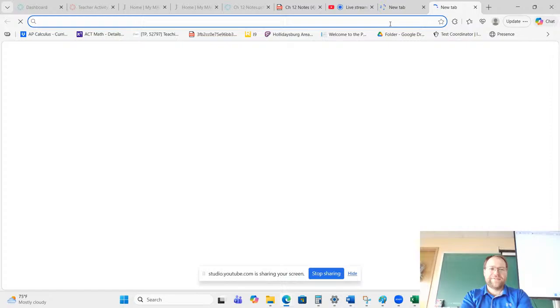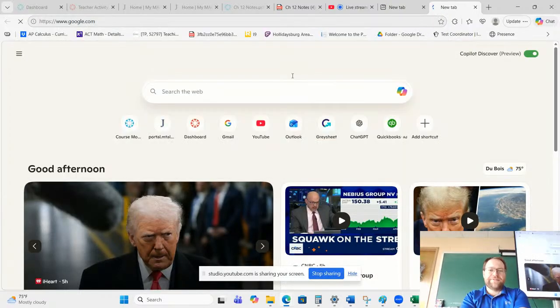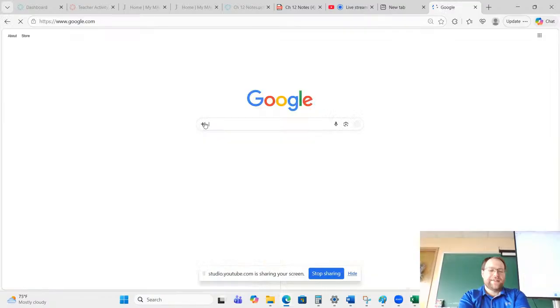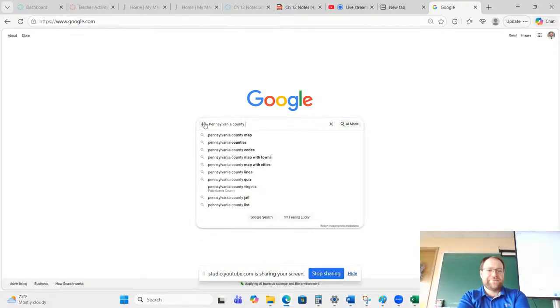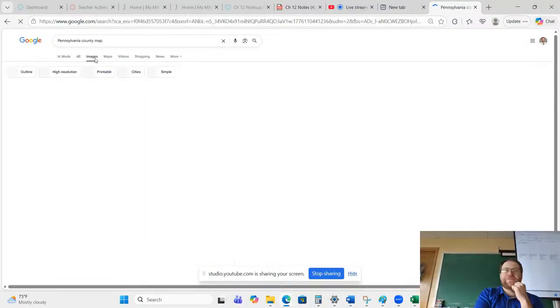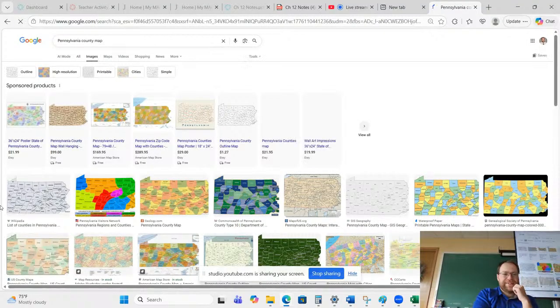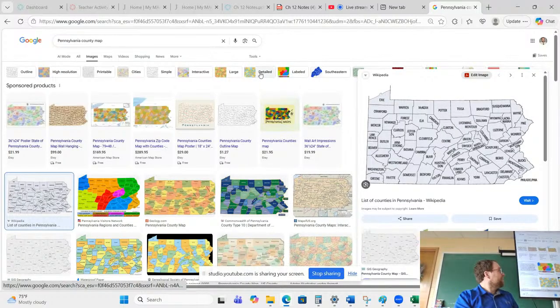Well, we could even do a county map. Let's do that. How about a Pennsylvania county map? There should be 67 counties in Pennsylvania. So, a map of Pennsylvania by county.